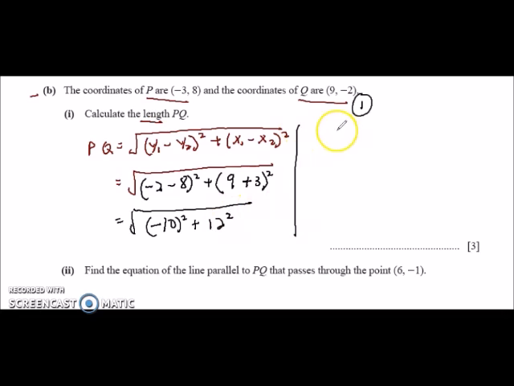Then the following, here you'll be getting 100 plus with 144, and here you'll be getting a 244.